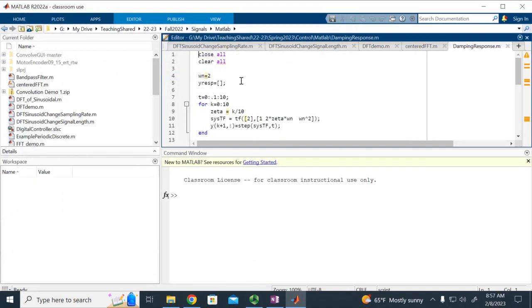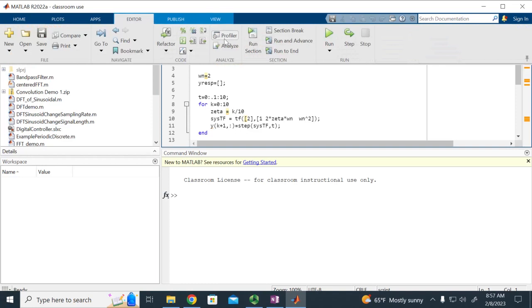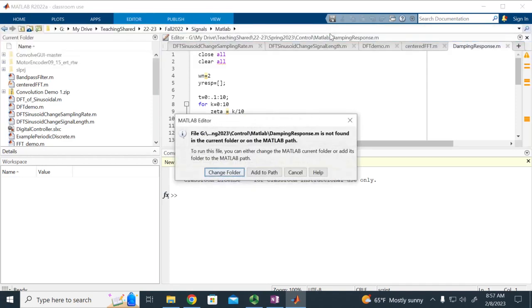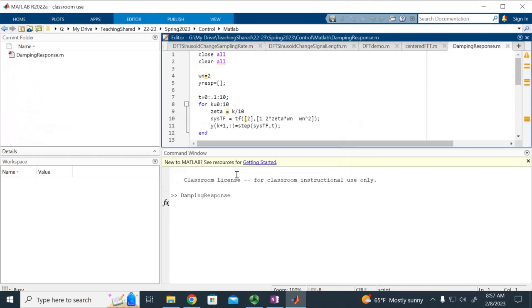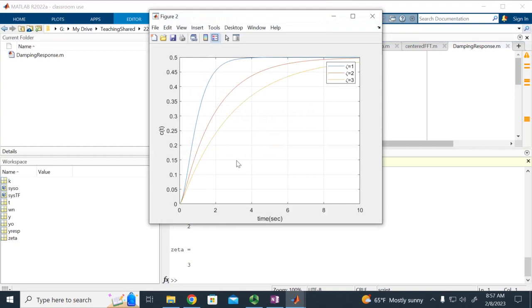So if I run MATLAB with different values of zeta and generate the step response, let's compare when zeta is equal to 1, when zeta is greater than 1, what did we notice? Zeta equal to 1 is the fastest, which is consistent.